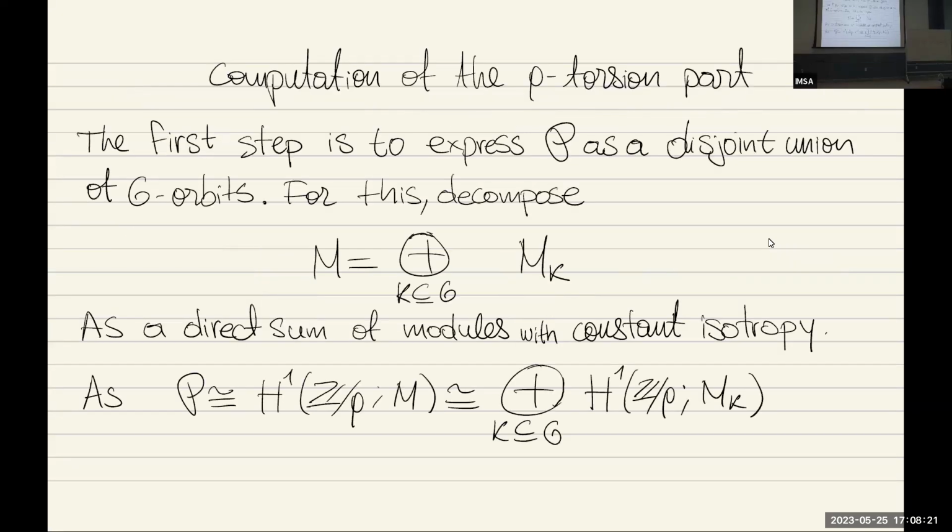Then we could compute the p torsion part in the following way. You could express the module M as a sum of modules of constant isotropy, and we know already that the p torsion is isomorphic to this cohomology group, but M can be decomposed this way.